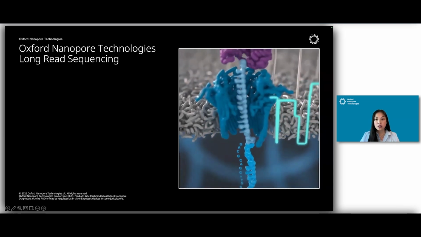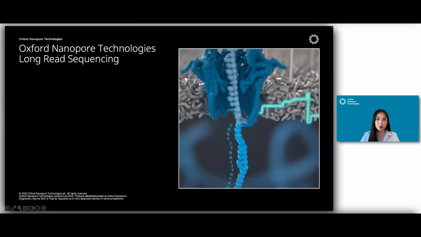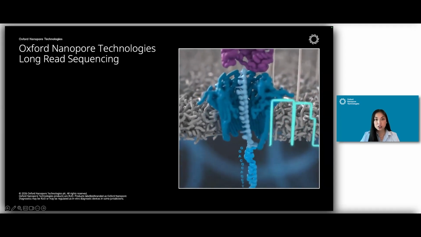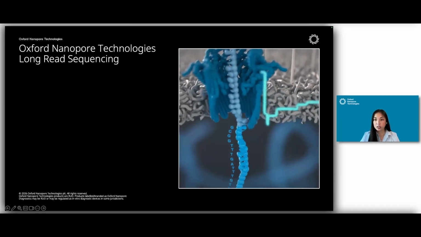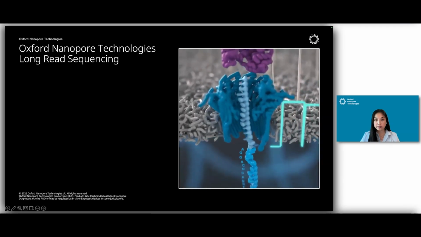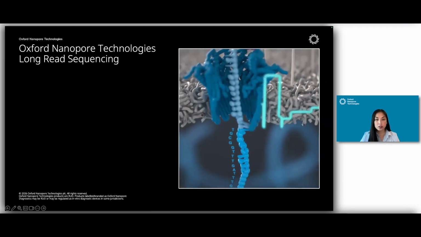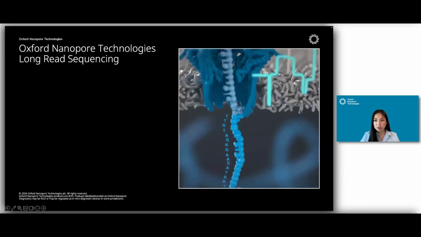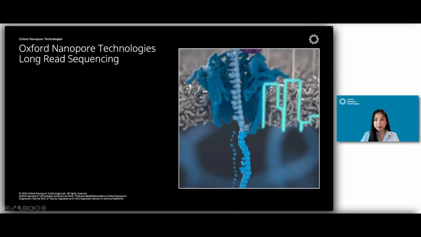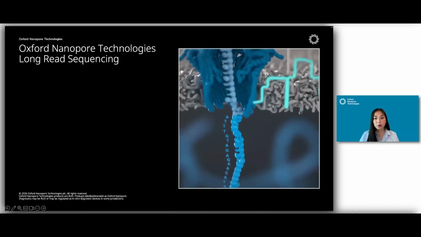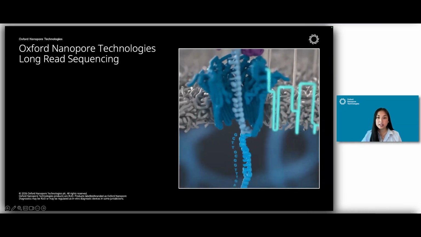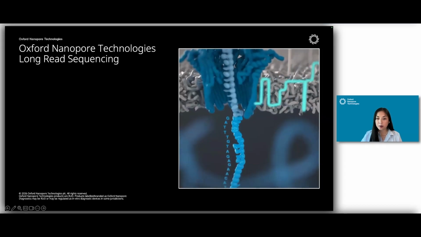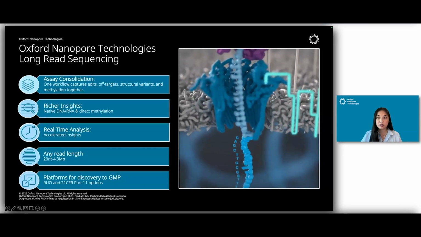Because of this, we are the only platform that allows us to sequence both DNA and RNA directly without using PCR. Direct sequencing of these molecules means that all of the different modifications are also maintained in the data. This is going to become incredibly critical as we talk about the different modified bases that are important in mRNA therapeutics.